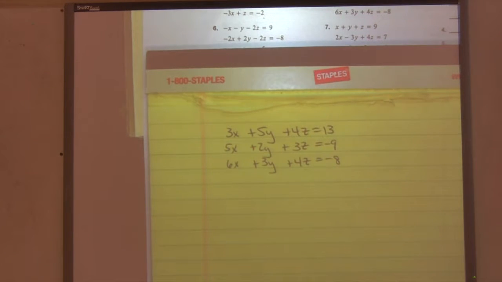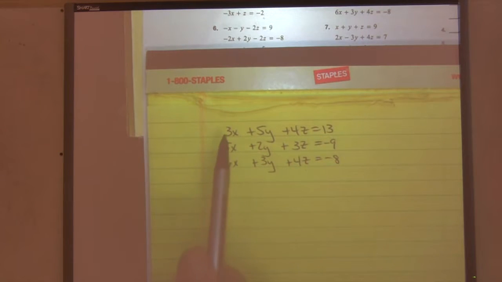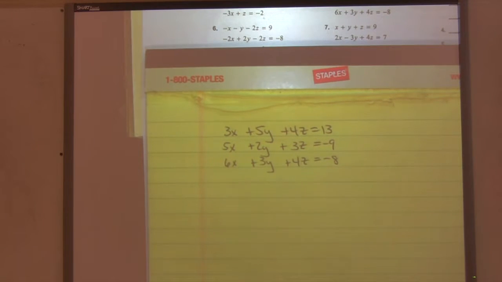So we have to choose a variable to get rid of. Again, you can do any one you want. I just try and find the one with the smallest number. So if I start with the x's, the first thing those go into is 30. First thing these go into is 30. And the first thing the z's go into is 12. So I'm going to choose to remove the z's because they have the smallest number they all go into.